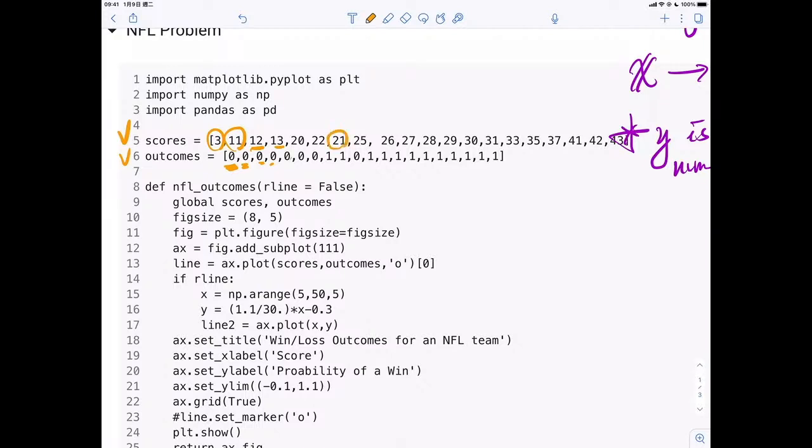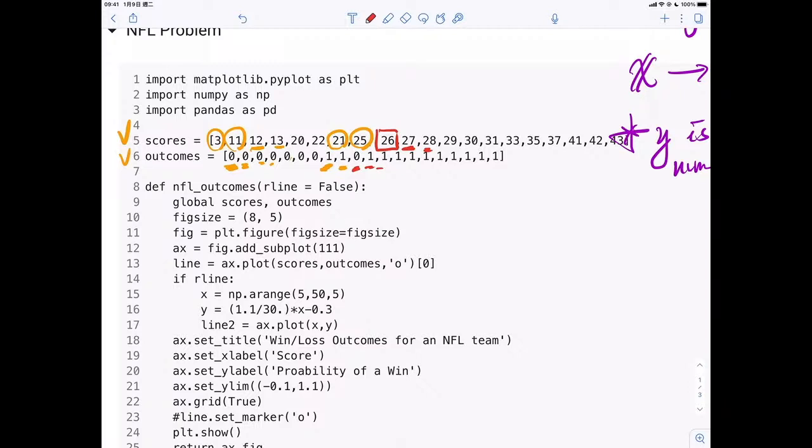In one game it scored 21 points and wins, 25 points, wins again. However, sometimes even if you get higher points, for example 26, your opponent gets even more points, so you lose again. So it's like this: 27 win, 28 wins.